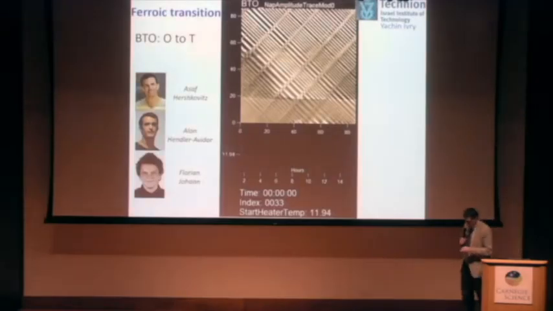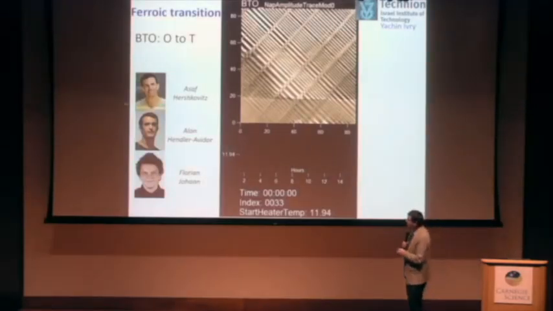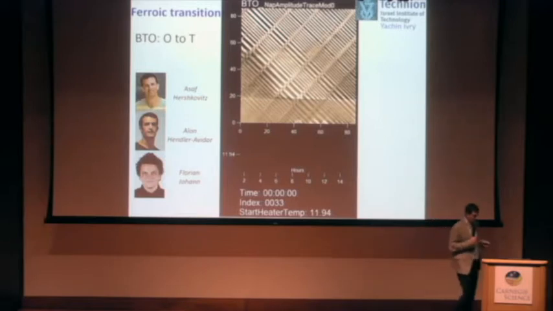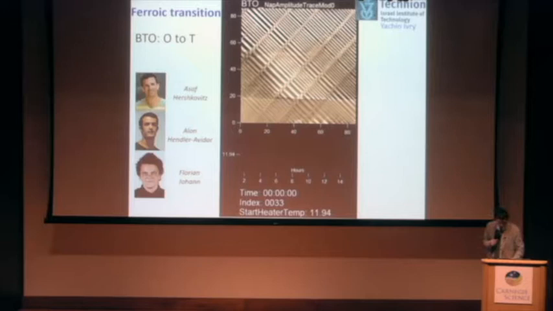So what we did, which means my students, Asaf Ershkovitz, Alon Hendler, Avidor, and Florian John, who is from Asylum, the AFM company, we collaborated to have this kind of phase transition experiment to look at the orthorhombic structures and then to see the dynamics of the domains. So I'm going to show you a movie, and I'm going to show you the different steps one by one.